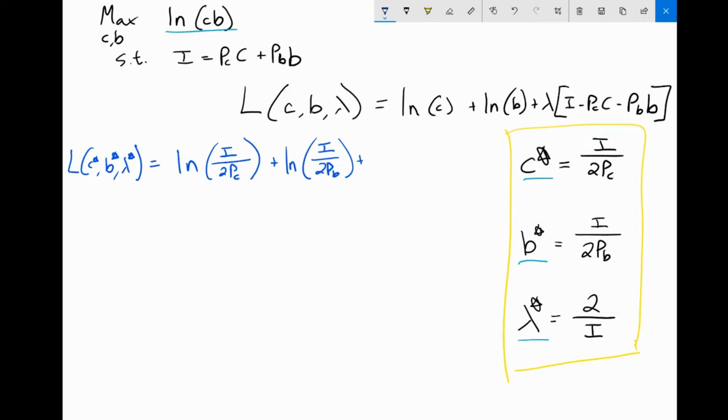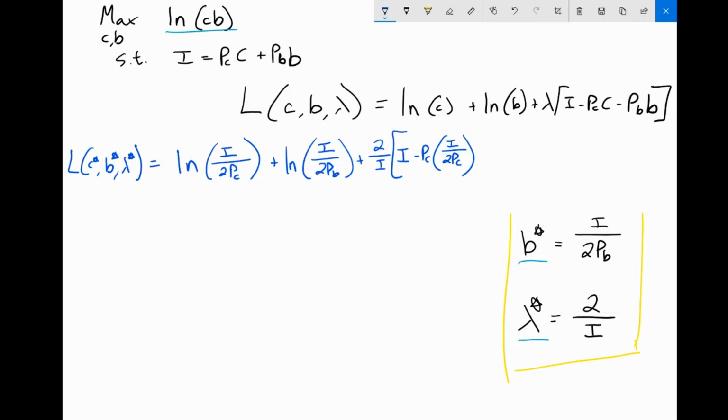plus 2 over I times I minus pc times I over 2pc, minus pb over I divided by 2pb.